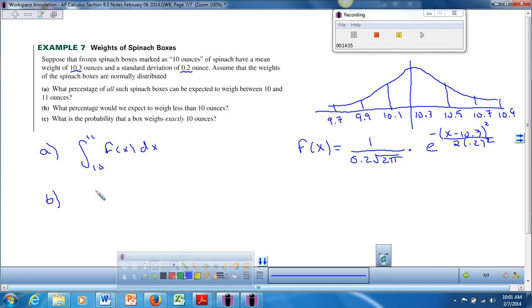And part B says, what percentage would we expect to weigh less than 10 ounces? What do I do for that one? 0 to 10. Now, in the book, they remind you that we have 99% of the data falling between 9.7 and up, right? So they said you don't really need to go to 0.